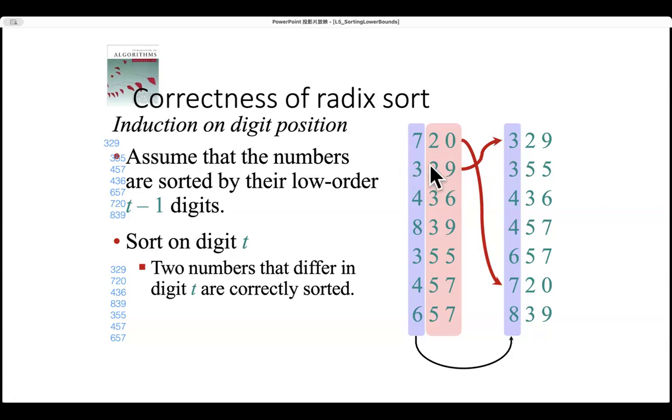Even though 720 has 20 and 329 has 29, because of the most significant digit, 329 has 3 and 720 has 7, so 329 has to appear earlier than 720.